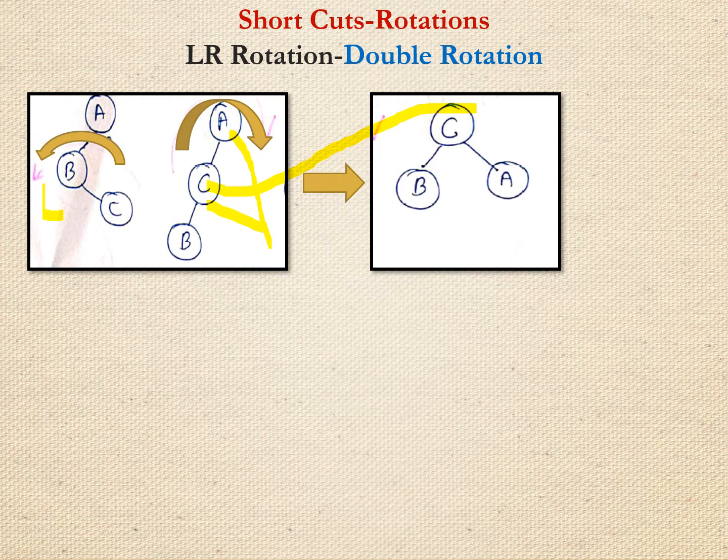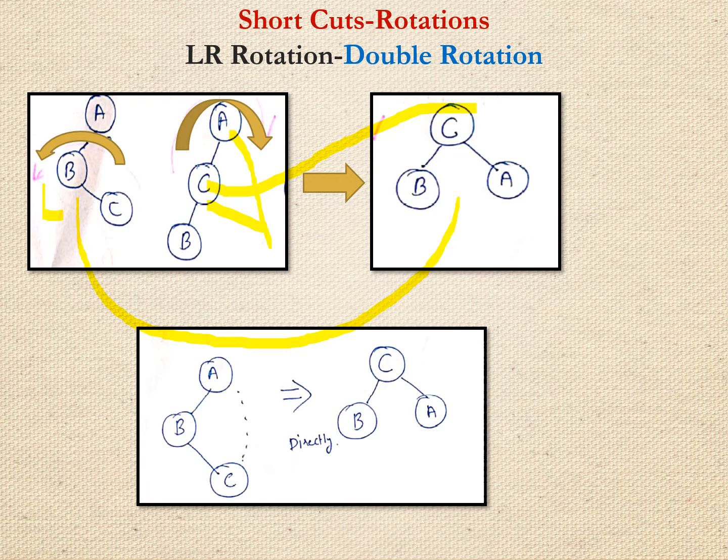So that means when we have this kind of LR imbalance, we should have this arrangement directly. We can find a shortcut directly: if we have this kind of arrangement, you can replace the root node directly with this C node, and then A will be on the right of it.